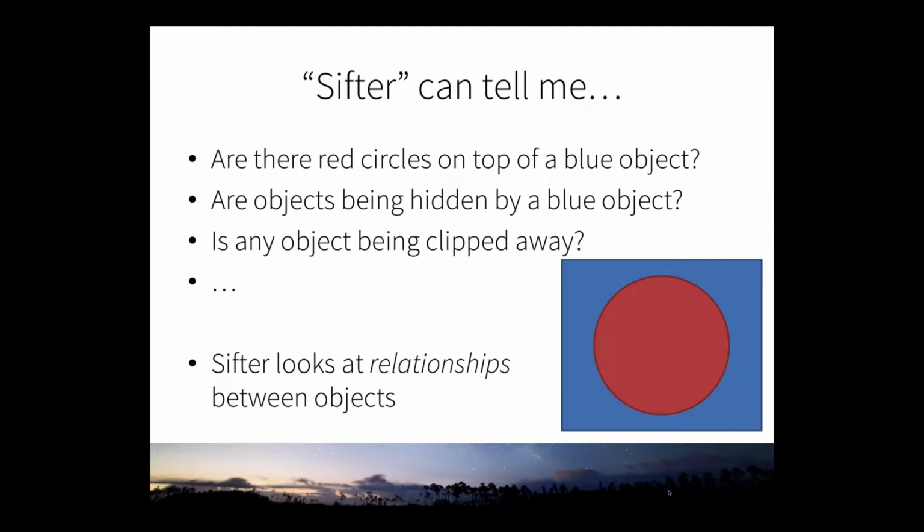For example, are there any red circles on top of a blue object? Normal preflight simply cannot answer that, because it will look at the red circles on the page individually. It will look at blue objects individually, but it cannot test a relationship between the two. So you also can't say whether any objects are being hidden by a blue object.